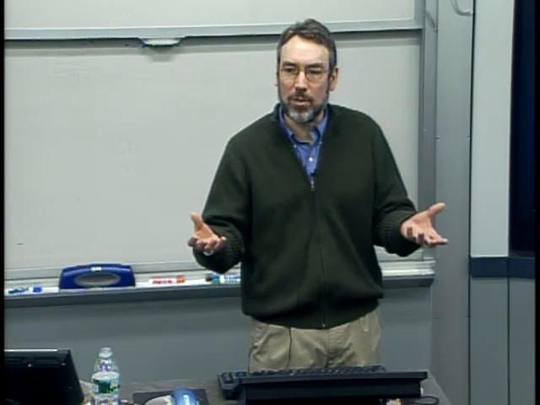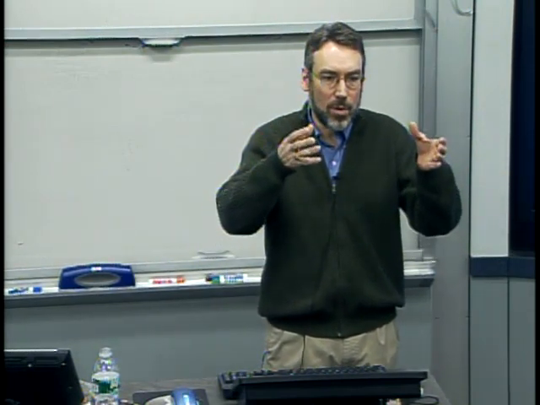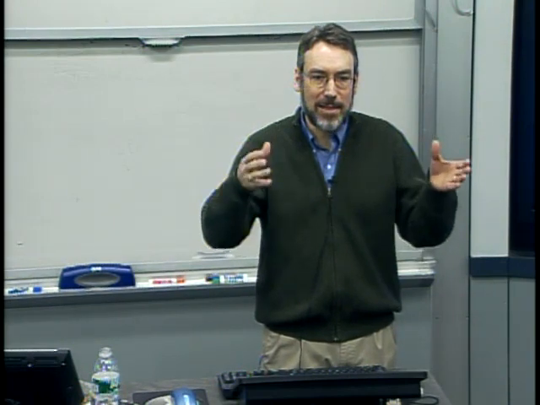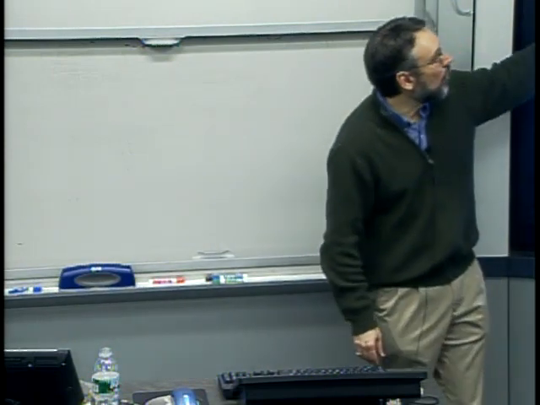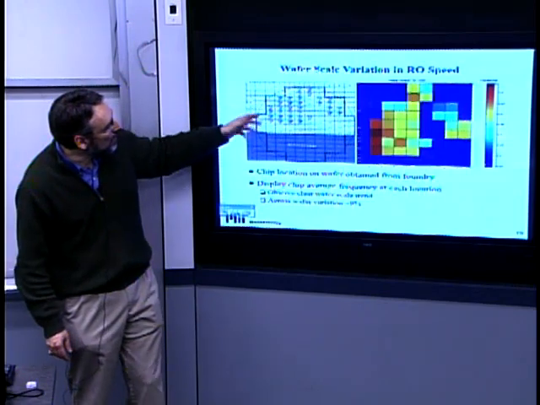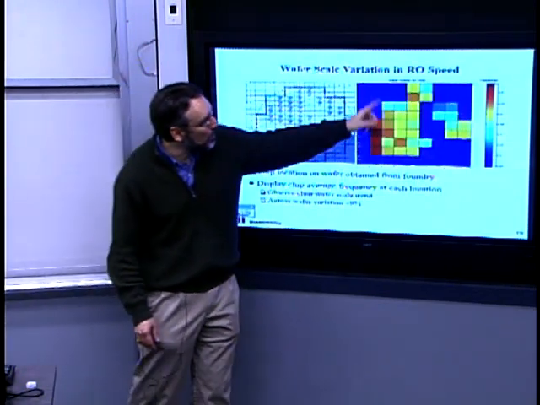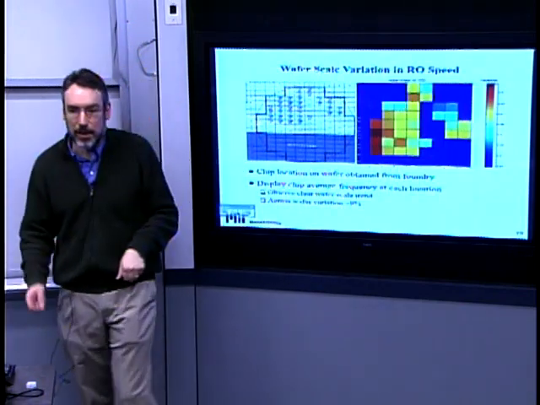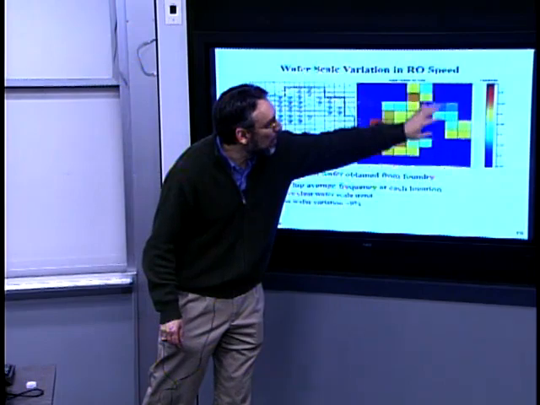And now if you go out and build this, this is a wonderful kind of data where you can aggregate or map out the data at these different spatial scales to look for trends. So for example, if we look at the wafer scale variation in the ring oscillator speed, we've got something like 30 chips in the upper half of one of these wafers, and mapped out here in the color is the average ring oscillator speed from high to low.